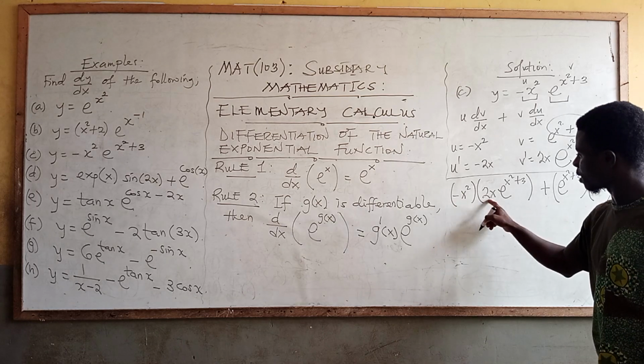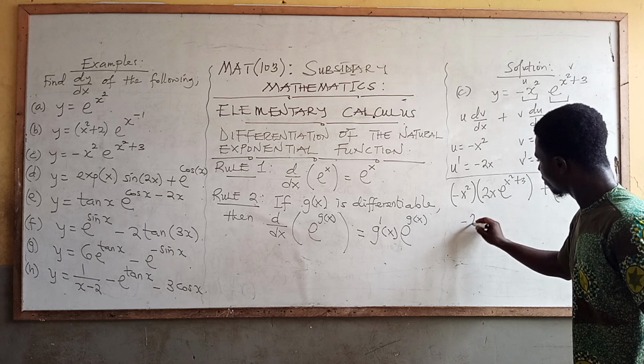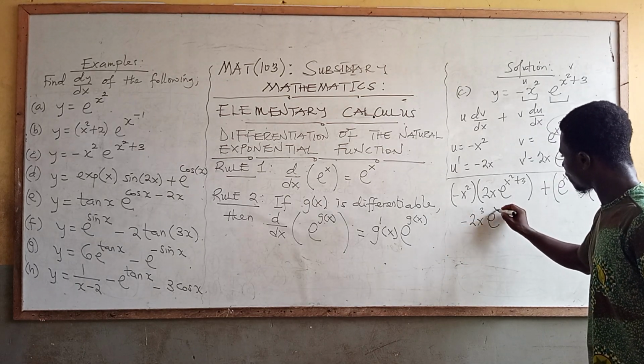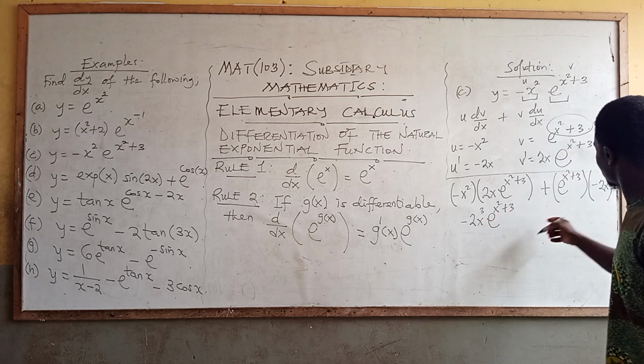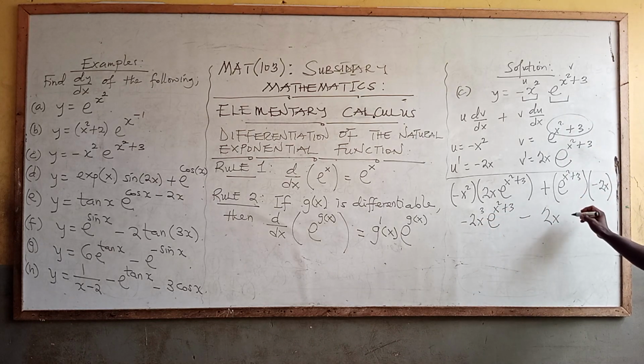So now we can multiply 2x by negative x squared. We get negative 2x cubed, then our exponential function. Then here we have minus 2x, then we have e to the power x squared plus 3.